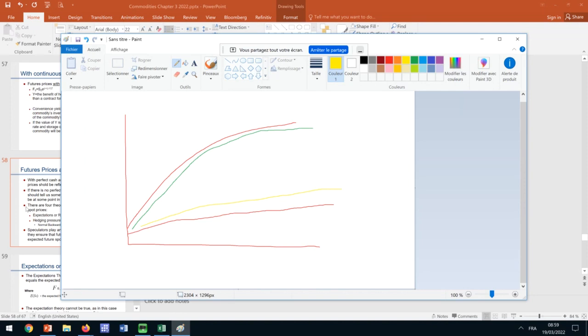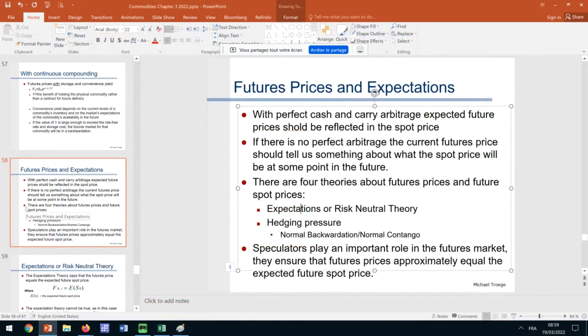But that's not all. We have other factors that will also explain what is going to happen within these boundaries. And this second factor that has been used a lot to explain the shape of this curve is the hedging pressure theory. What is this hedging pressure theory?